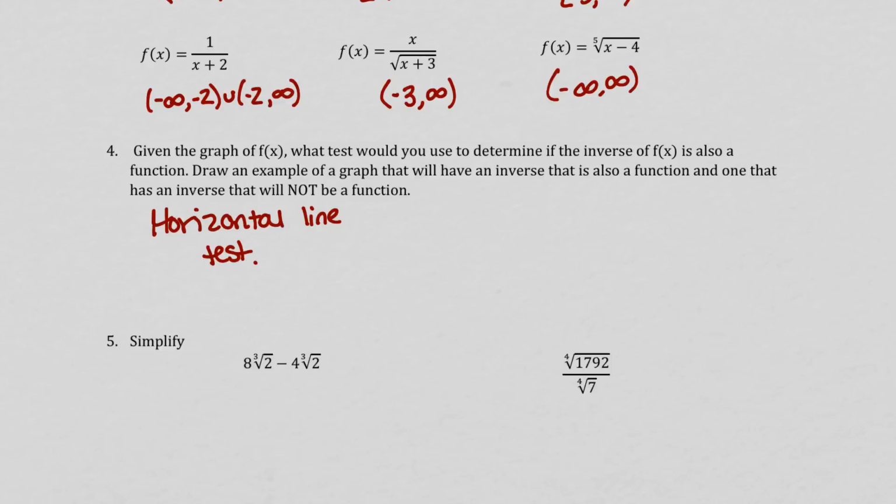Okay, and then if we want to draw an example that will have an inverse that is a function, then we need to draw a graph that would pass the horizontal line test, which would say if I draw a horizontal line, it can only touch the graph once. So there's lots of different answers for this, but a straight line would work. If I were to draw a horizontal line anywhere on here, it's only going to ever touch it once.